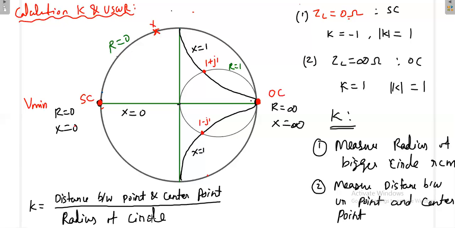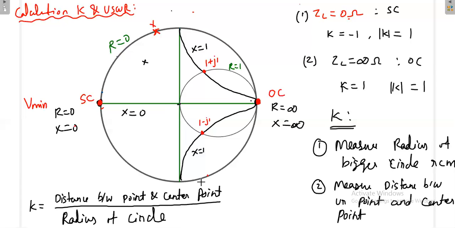Can the k value be greater than 1 here? First, you take this radius and put it in the denominator. Now you choose a point anywhere on the Smith chart, say here. I calculate the distance between this point and the center point, and that distance goes in the numerator.